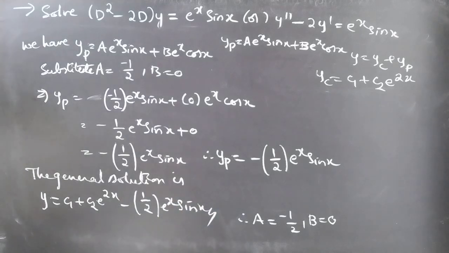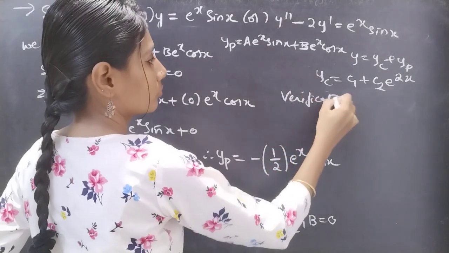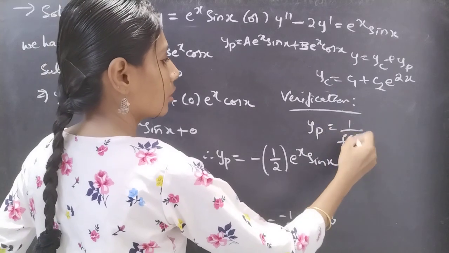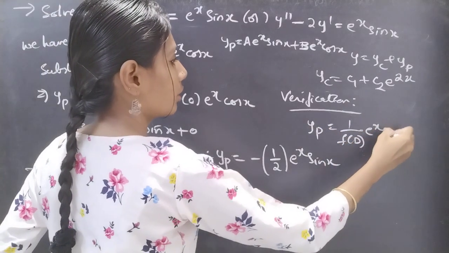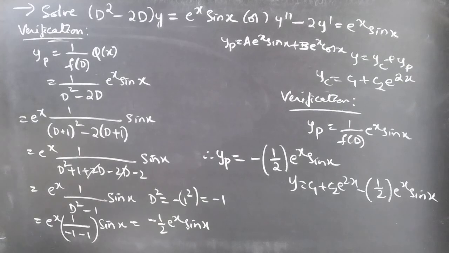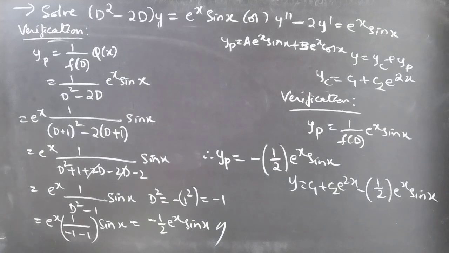See, we can verify yp using yp equal to 1 by f of D into the RHS part e power x sin x. You'll get the same thing. Just try it yourself. You can use this formula to verify yp. Okay, try it yourself.